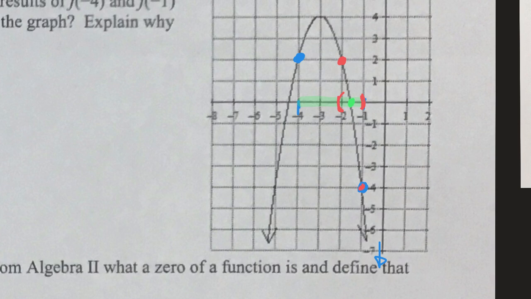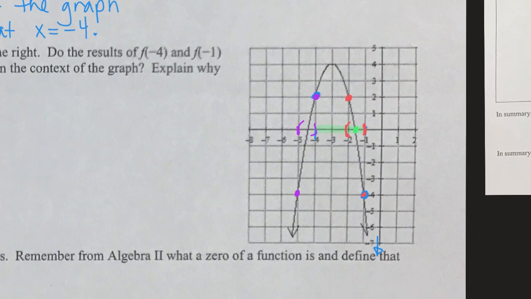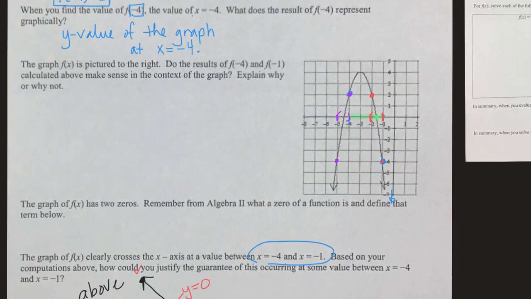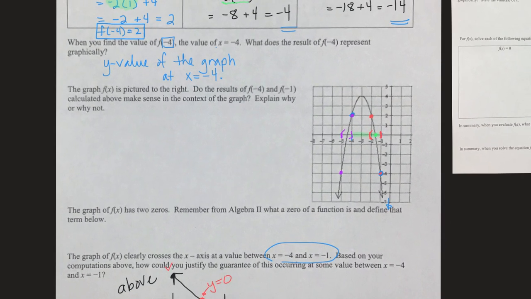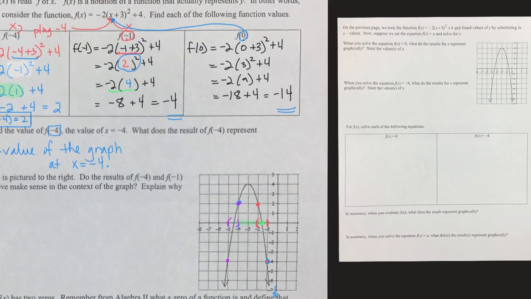It's the same thought process: if we have a positive y value at -4 and a negative y value at -5, then somewhere between -4 and -5, you're going to have a place where the graph crosses the x-axis, in other words, where y equals 0. So that might explain that bottom one.